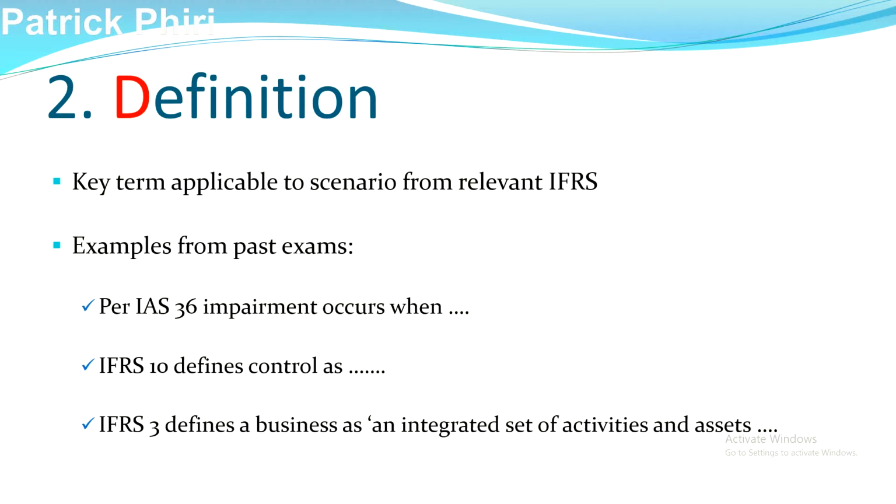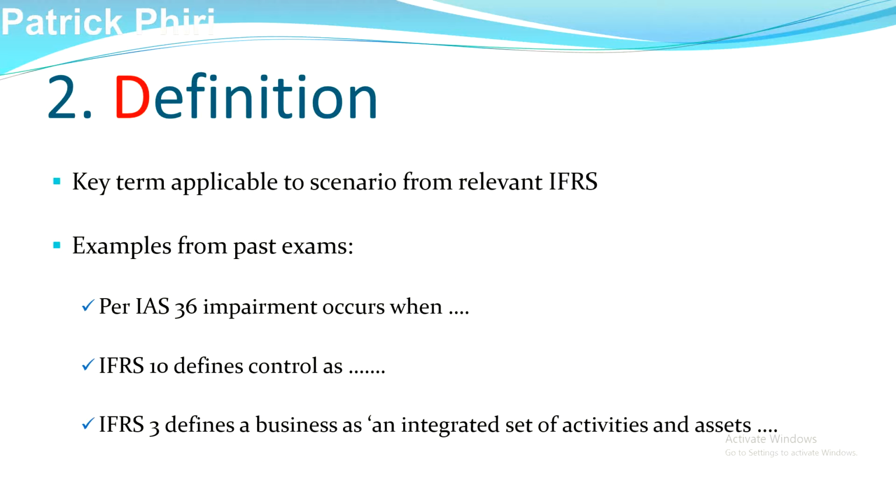For example, it could be a scenario to deal with impairment. It would be important to just provide a definition of what is impairment per IAS 36. Or we may be looking at IFRS 9 credit risk losses. So for IAS 36, you define what impairment is.